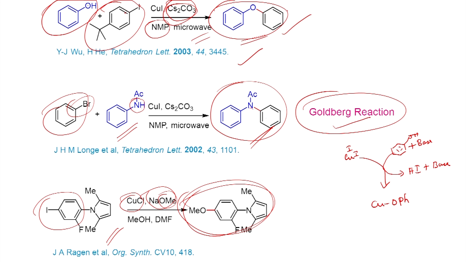So let us try to draw the mechanism for this reaction, so that you can draw it in a similar way for the other substrates. First we form this copper(I) species again. Once you form this one, it can now undergo reaction with your aryl iodide via oxidative addition. Let me write Ar iodide. So, this is oxidative addition.